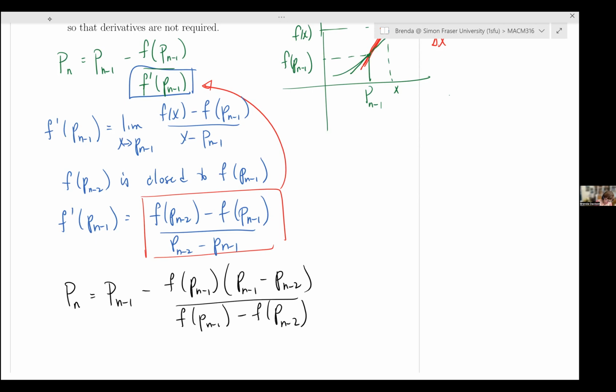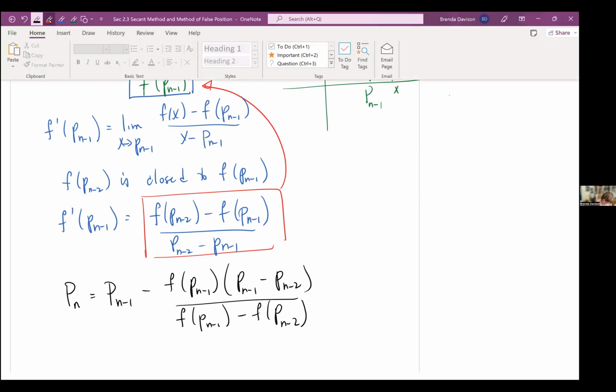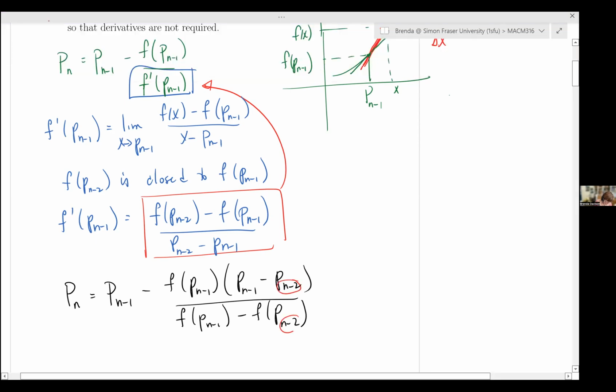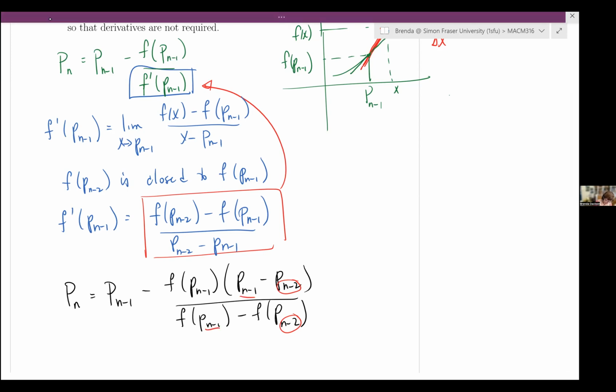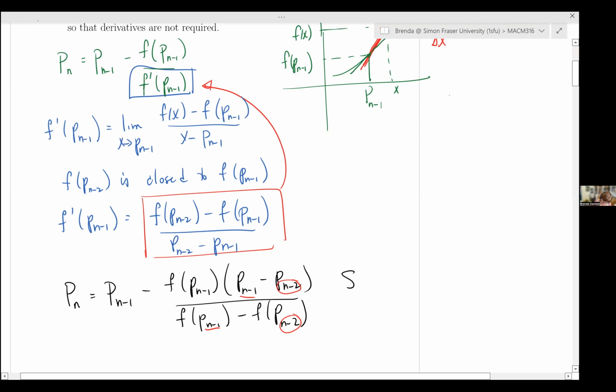Be careful not to confuse the indices: notice that this one is n minus 2, and this one is n minus 1. That is the secant method. It's a modification of Newton's method where, instead of using the tangent line, we're using the secant line to project down onto the x-axis and find the next estimate for the zero of the function.